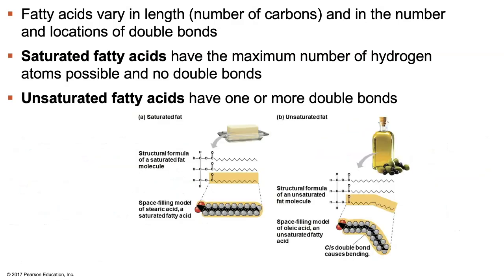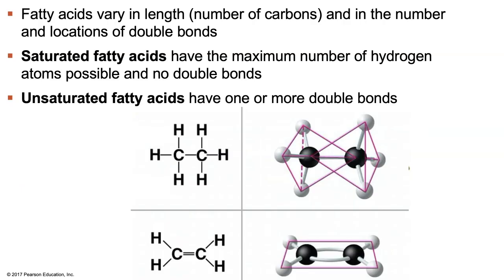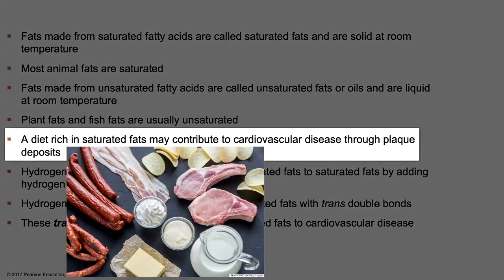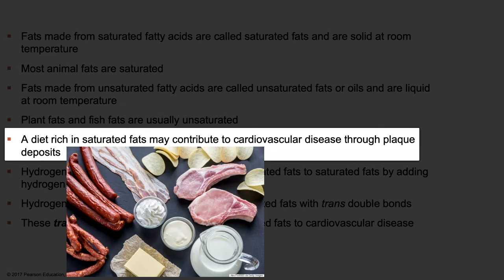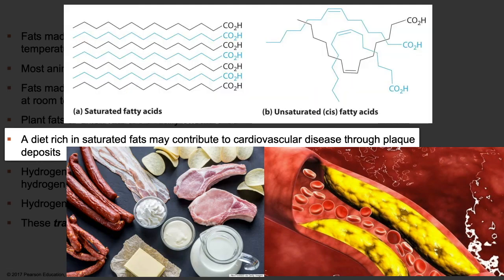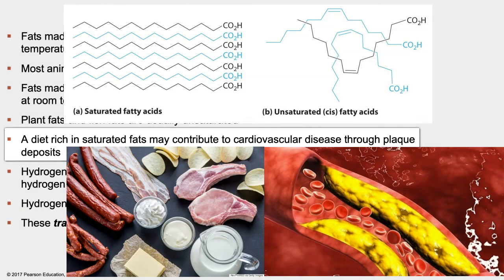Remember, when double bonds are introduced into a hydrocarbon, the molecules become planar and are unable to rotate freely around the double bond. The saturated fats found in animal products, such as butter, are believed to contribute to cardiovascular disease due to the formation of plaques. Again, this is in part due to that linear structure that these saturated fats take on. These fatty acids can pack in much more tightly together than those kinked unsaturated fatty acids.